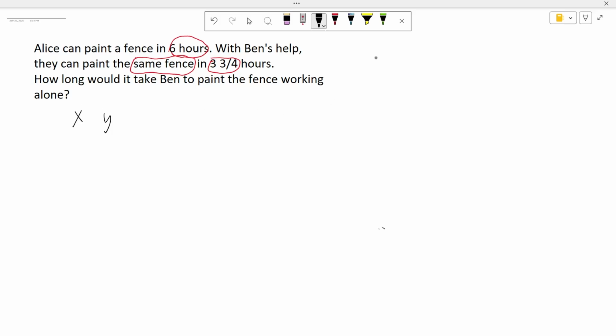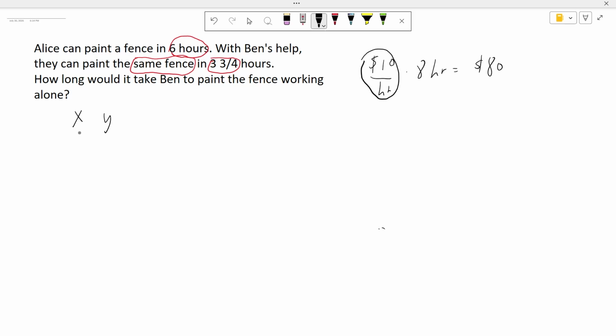Now, a rate you're familiar with from real life. Say your rate is $10 per hour and you work 8 hours, then you earn $80, right? So this thing here is the rate.